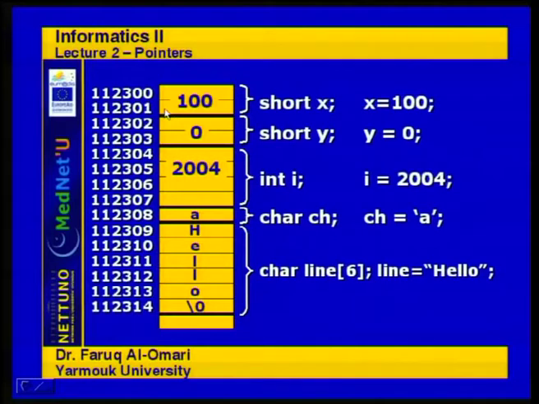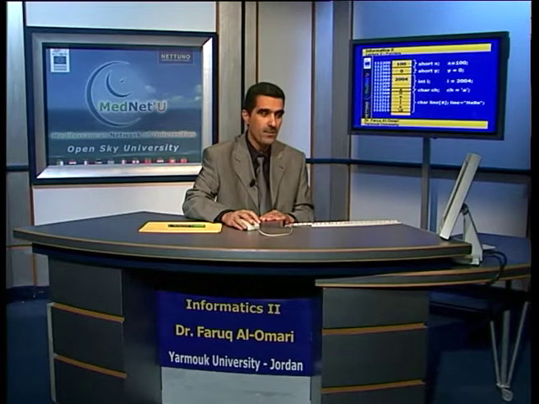For example, these two locations, 2 bytes, are reserved for the variable named x of type short, right? So for example, I want to store in this reserved location, which occupies the addresses 112300, 112301, I want to put 100 in there. So 100 is the value of the variable x.